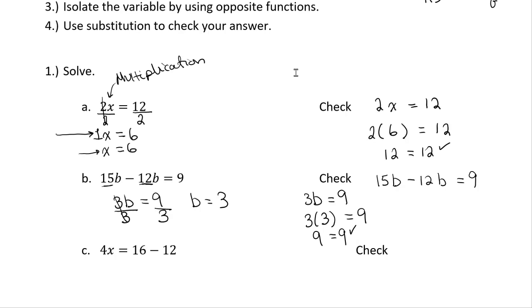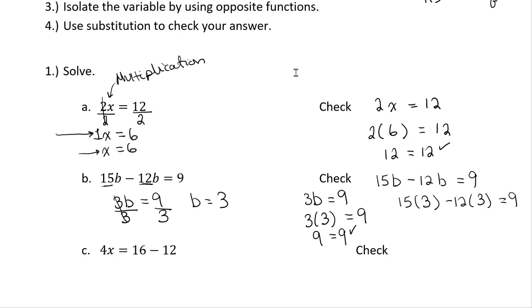Now, what if I said, well, I don't want to combine first? That's okay. Instead, it would be 15 parentheses minus 12 parentheses equals 9. Now I substitute 3 in, and now I simplify.